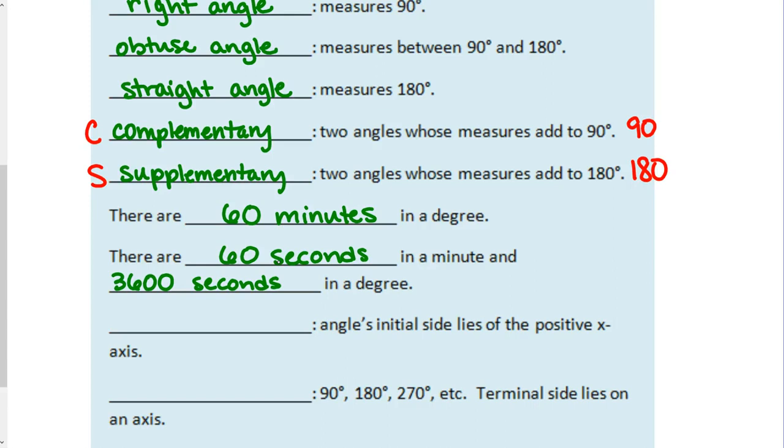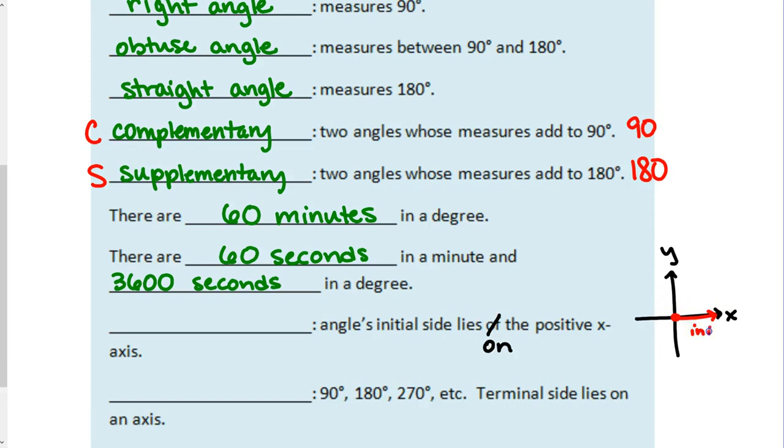Okay, now we have a term that describes the position of an angle. So if the angle's initial side lies on the positive x-axis, so here is a coordinate system, here's the x-axis, and also the vertex is at the origin, so you have something like that.